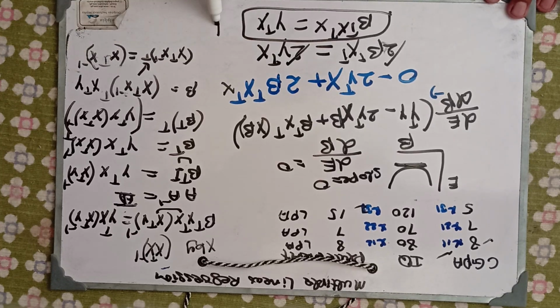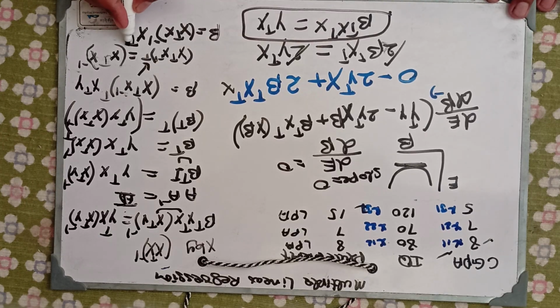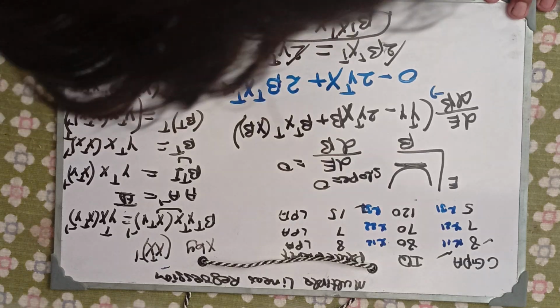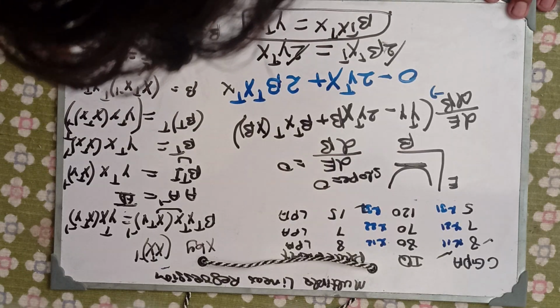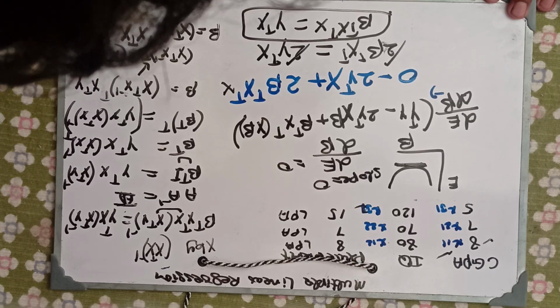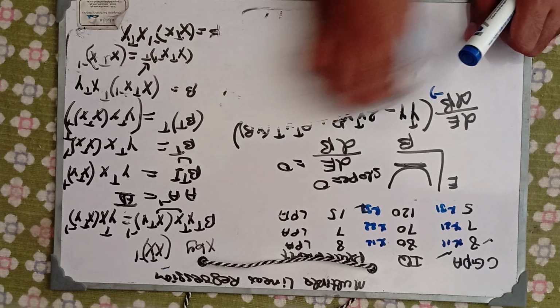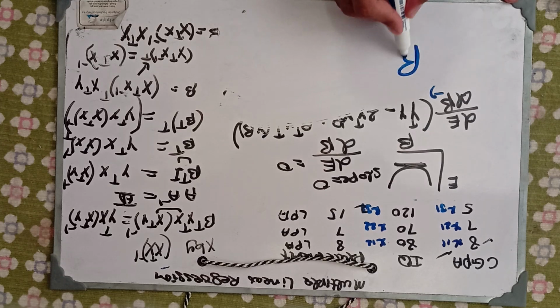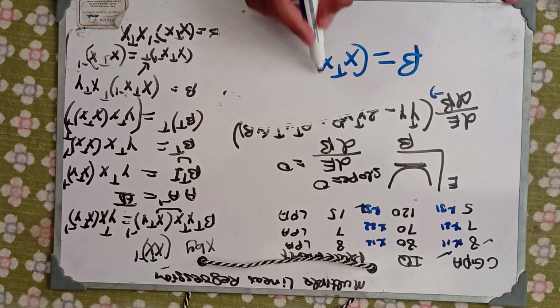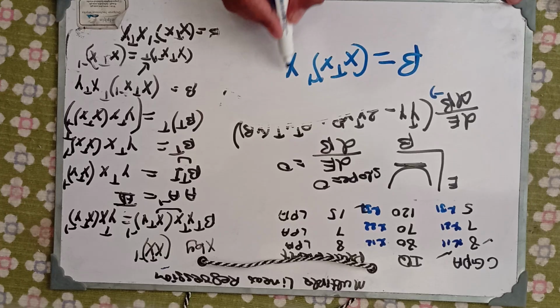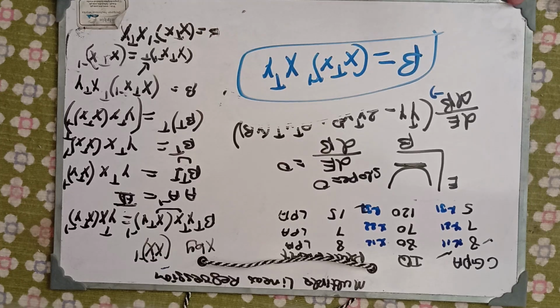So we will replace this, and our final value from this complete equation is beta equals X transpose X inverse times X transpose y. That's all for today's session.